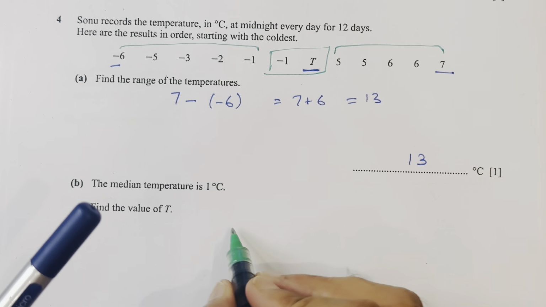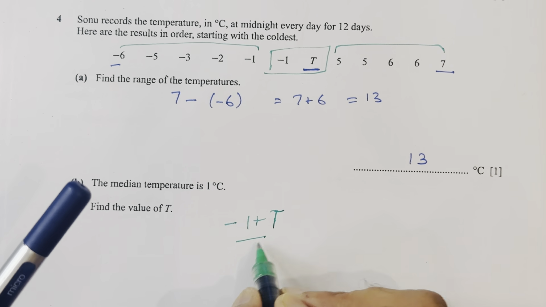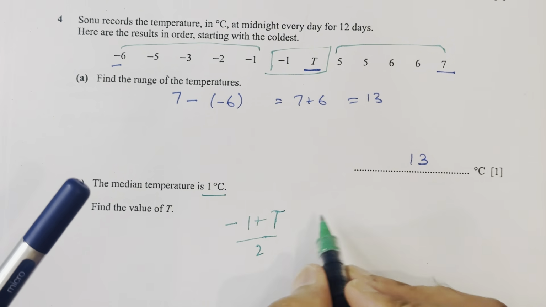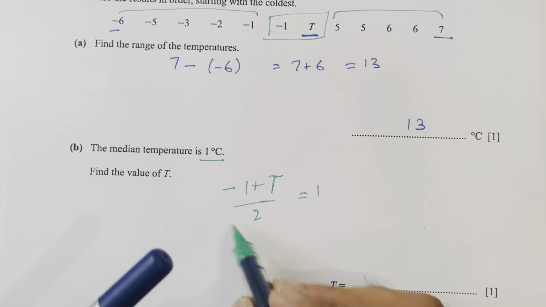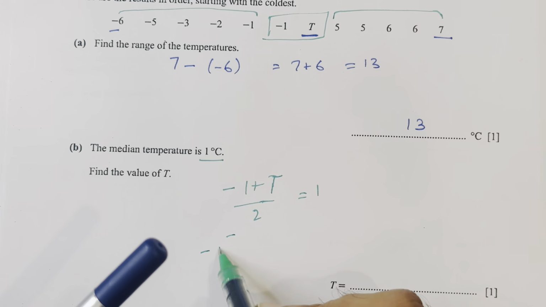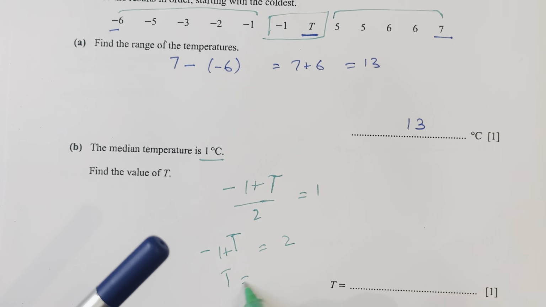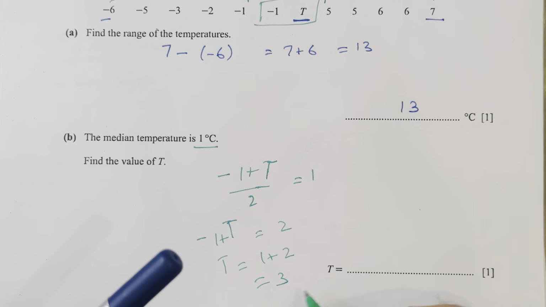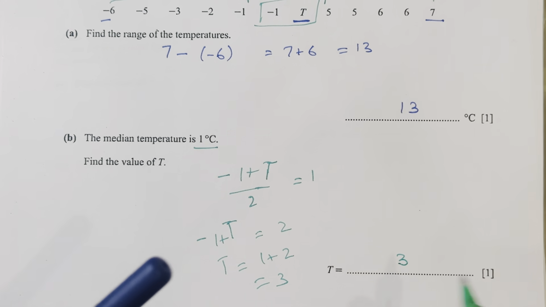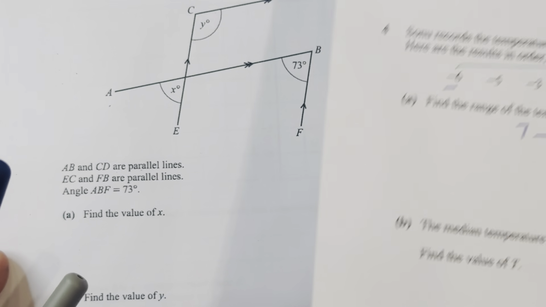So (-1 plus T) divided by 2 is equal to the median, which is 1. We solve it: -1 plus T is equal to 2, then T is equal to 1 plus 2. The answer would be 3 degrees Celsius. So the value of T is 3. Now we will move to question number 5.